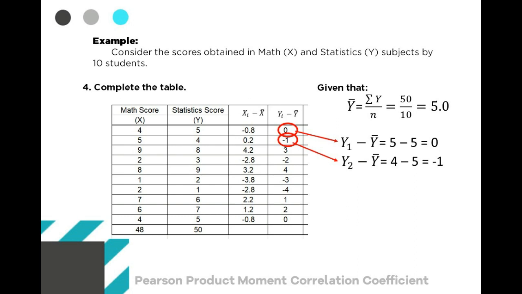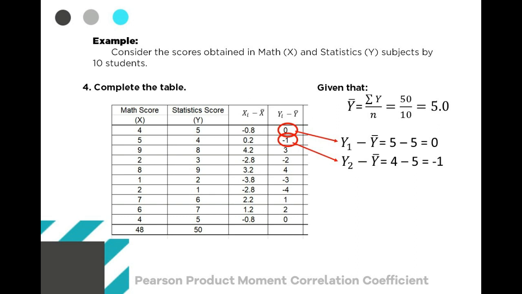Minsan may mga pagkakataon pa rin na we can have negative, because pwede pa ring mas mataas yung ating mean kaysa doon sa ating mga data. But it does not matter doon sa ating table, kasi by the next column, square naman natin siya, and we all know kapag in-square natin siya, the resulting value is always positive.